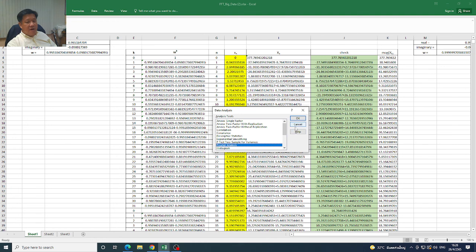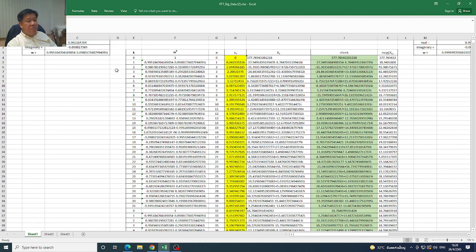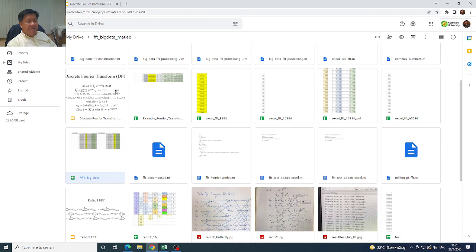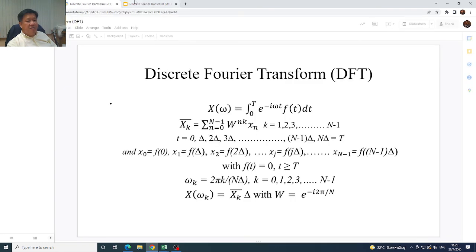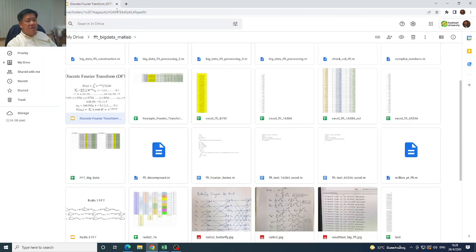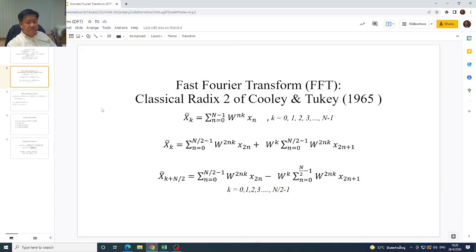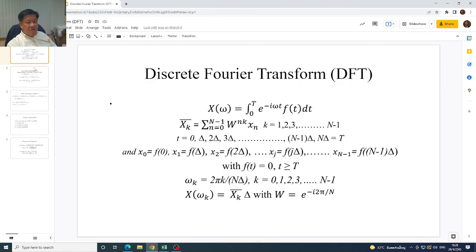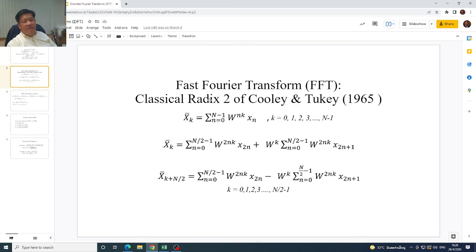The Fourier analysis is a tool that can help you to compute this x bar k, using this concept of radix 2 or Cooley-Tukey here.